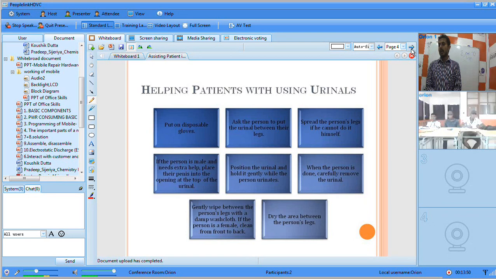All these things must be done keeping in mind that the privacy of the patient must be maintained during the elimination process, because any individual performing this process needs privacy.